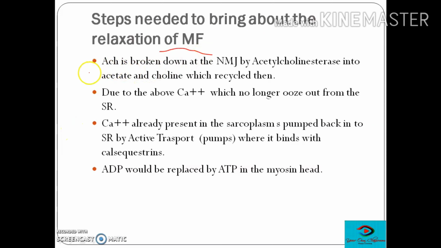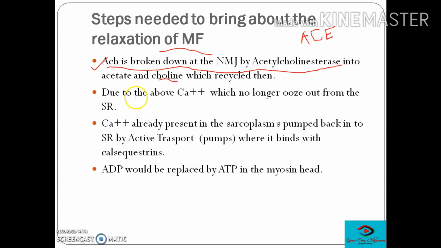First, we need to stop the acetylcholine which is coming from the presynaptic membrane in response to the action potential by the brain. This acetylcholine is broken down at the neuromuscular junction by acetylcholine esterase, this enzyme written as ACE. This enzyme breaks acetylcholine into acetate plus choline, which is then recycled.